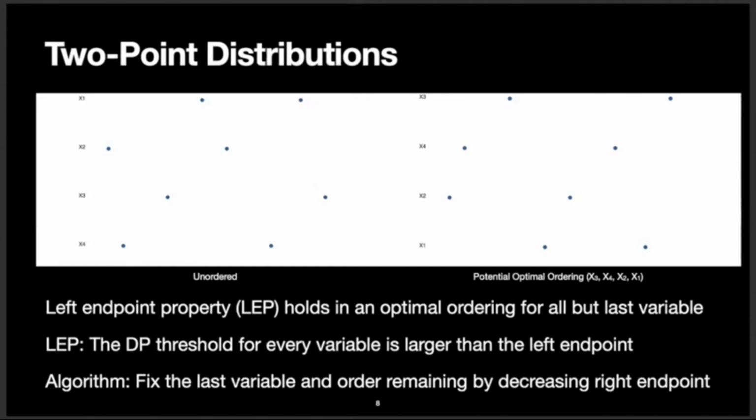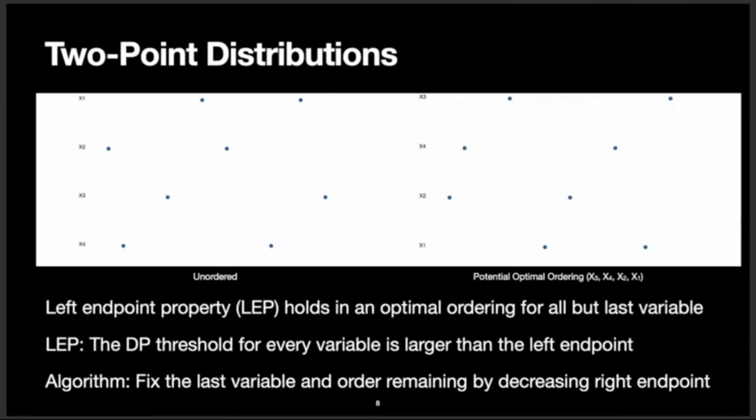What this means is that apart from the last variable, when you probe the other variables, if the left endpoint shows up, you would always reject that variable. Under this left endpoint property, suppose we fix the last variable, then for the remaining variables, we can prove that we would always order them in decreasing right endpoint fashion.